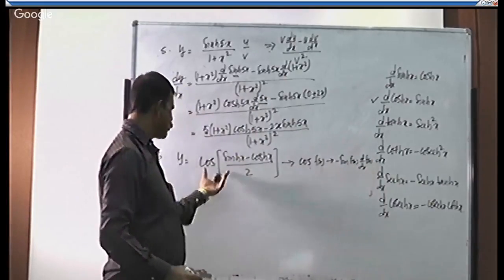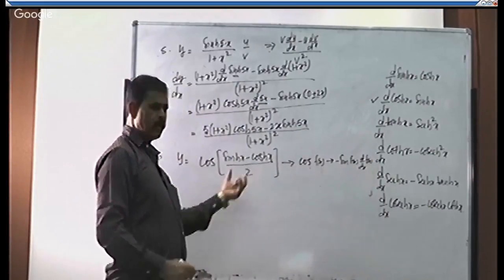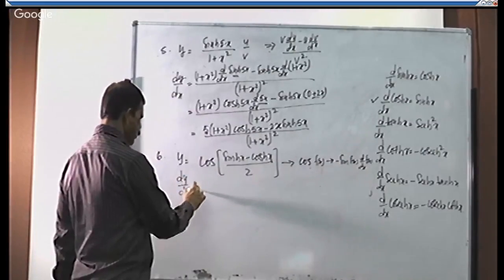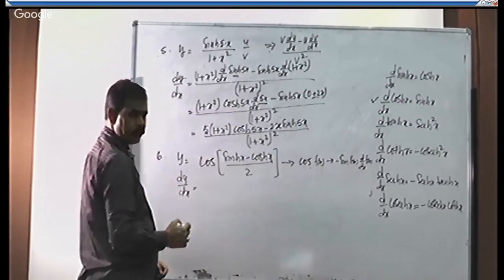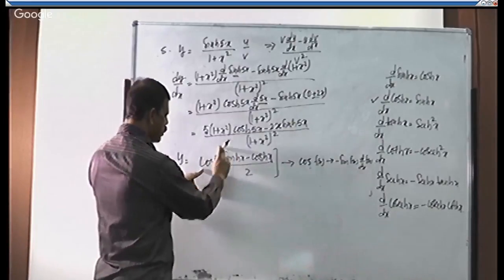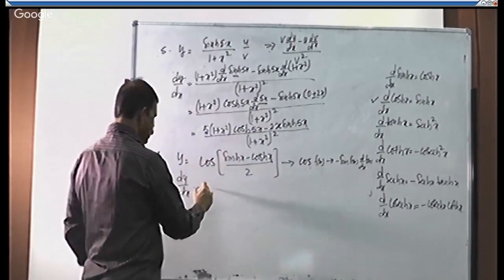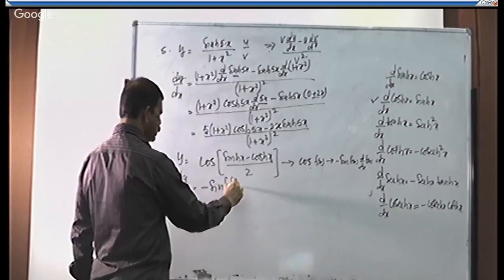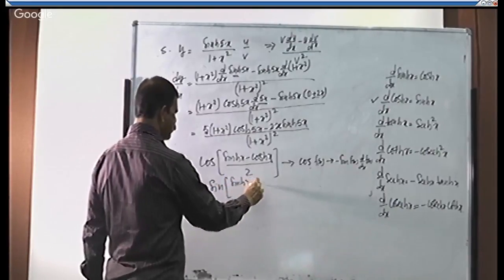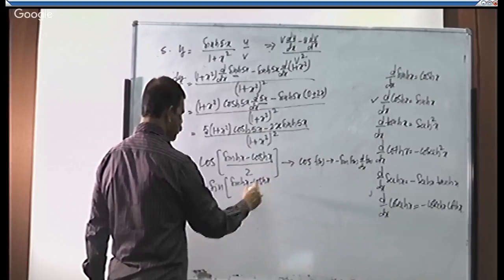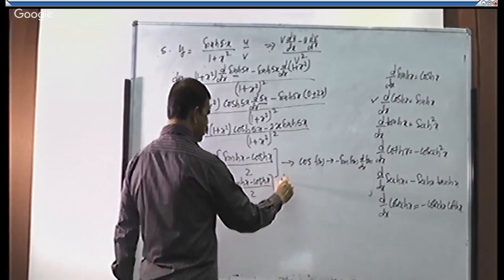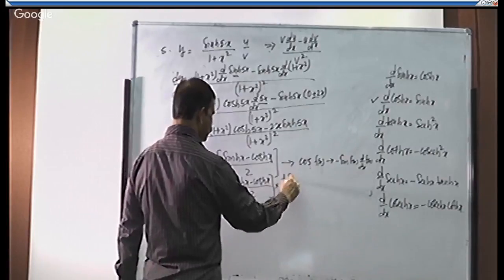It is treated as what? Cos of function. So dy by dx is equal to differentiation of cos x is what? Minus sin x. But here in place of x we have a function. Minus sin of function, (sin hx minus cos hx) divided by 2, into d by dx of what?